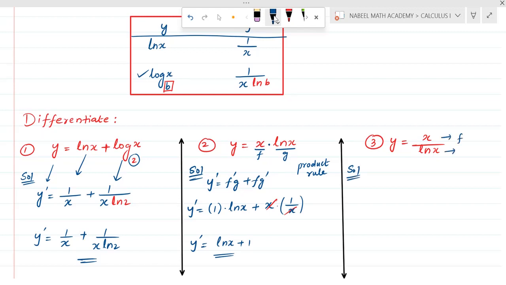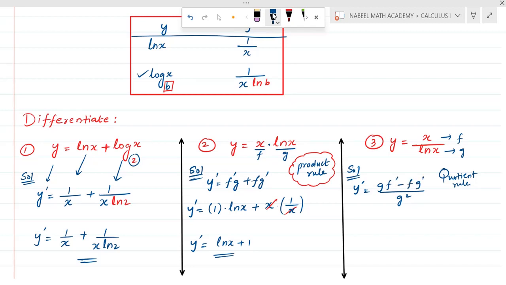Now the third one, we will have the function f over g. Whenever it is over, it is a quotient rule. In the last one, it was a product, whereas here it is a quotient, so I will use the quotient rule. What is the quotient rule? y prime is equal to g fixed f prime minus f fixed g prime, over g squared.